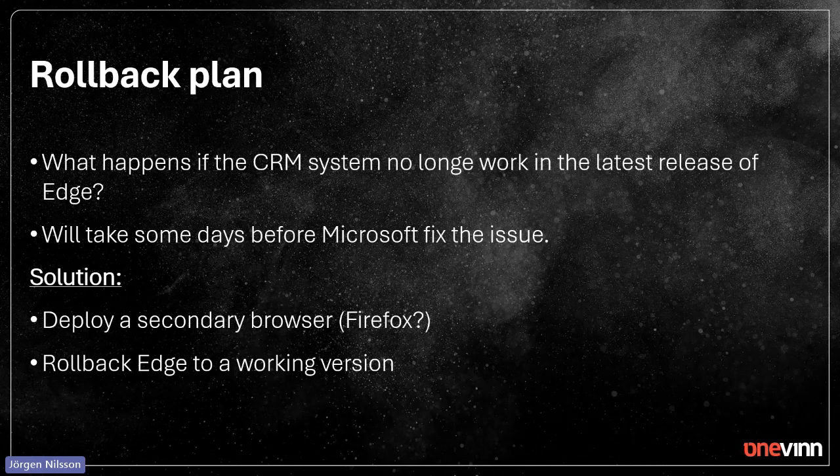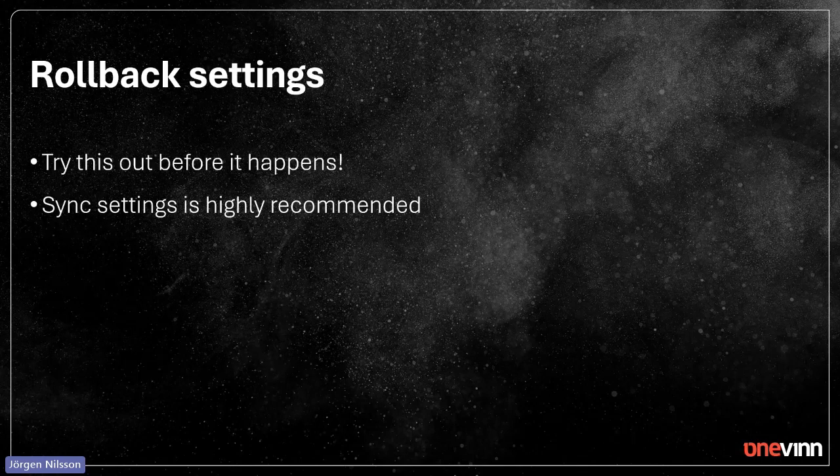The options are deploying a secondary browser, Firefox maybe, as Chrome probably has the same issue, or we should look at how we actually roll back Edge to an older version, and we should try that as well, so we have tried it when we have that need.